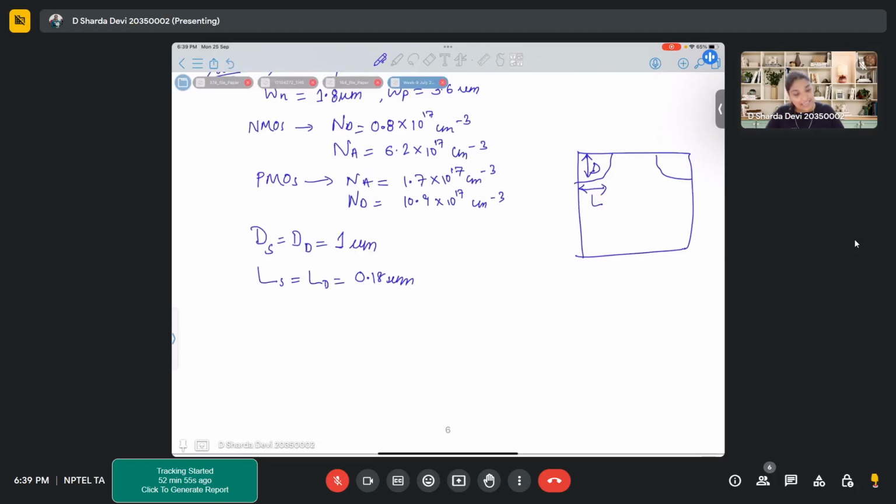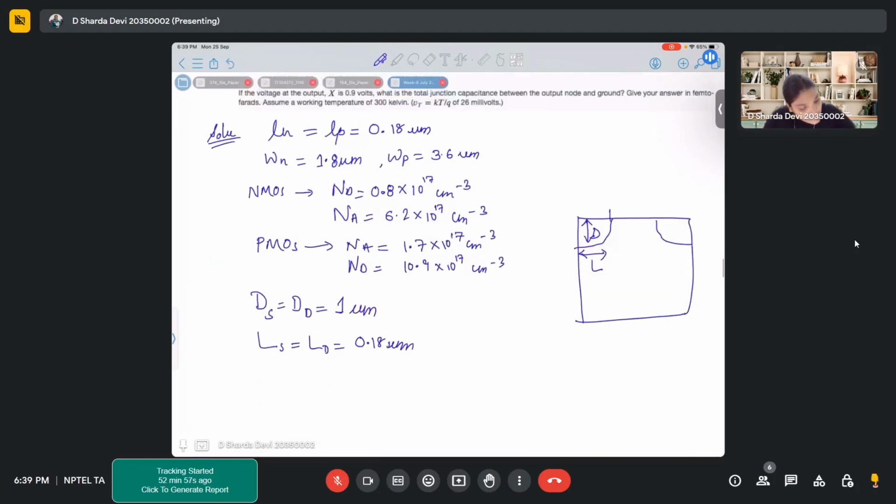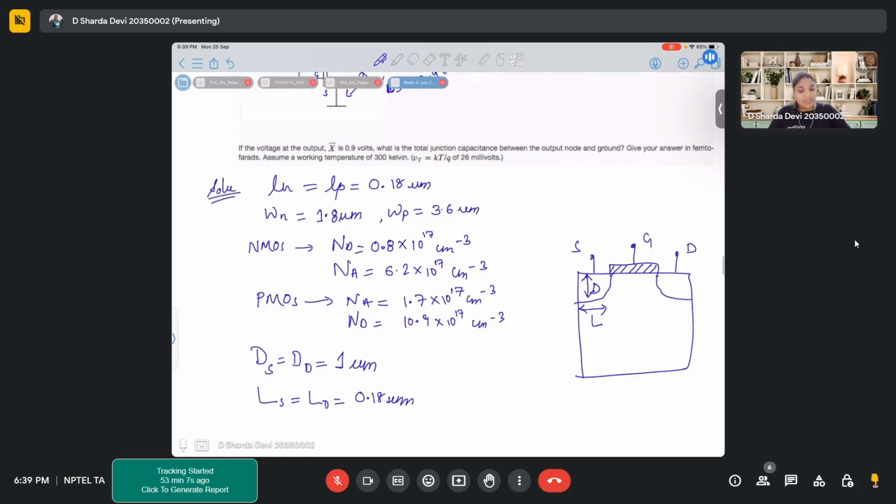So first thing is, we have to calculate the capacitances. If we observe very carefully, there are definitely source and drain junction capacitances present, correct?